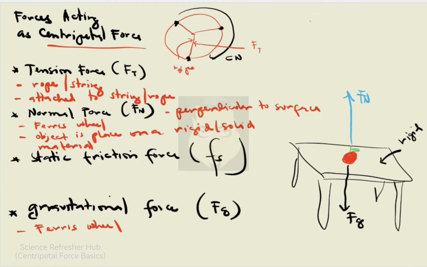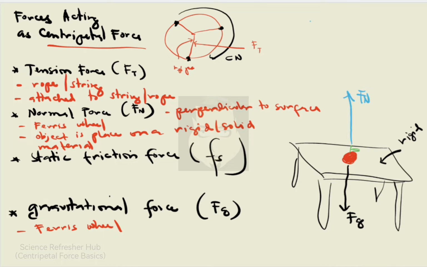It balances the gravitational force. That's why the object is resting there. These two forces are balanced. And on a Ferris wheel, they will also work hand in hand.